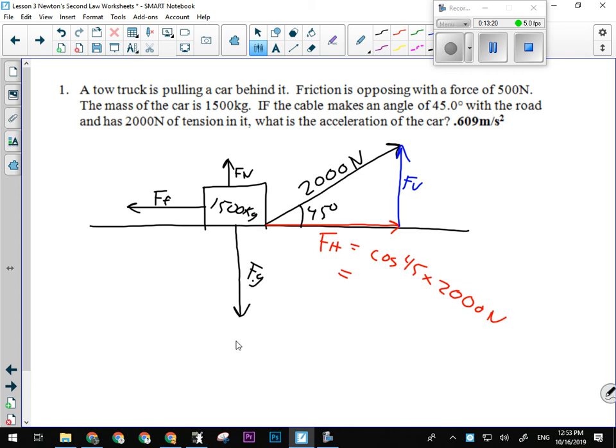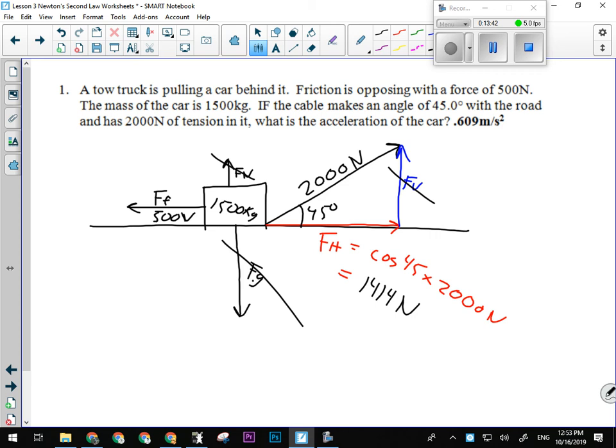Obviously, with all those decimals, I'm not going to forget about those. So that's the horizontal force. I've got the force of friction here that I know is 500 newtons. I know this force and this force are already taken into account. They cancel because the car is not moving vertically.